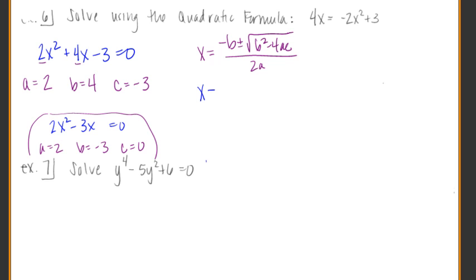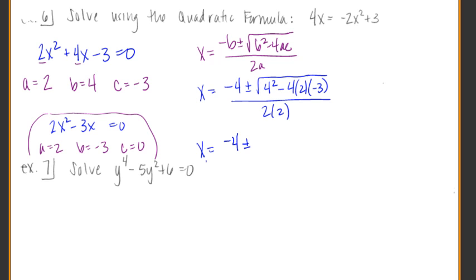Okay, so x is equal to negative b, so negative 4, plus or minus the square root of b squared, so 4 squared, minus 4 times a times c, all over 2 times a. So x is equal to negative 4 plus or minus the square root of 16.